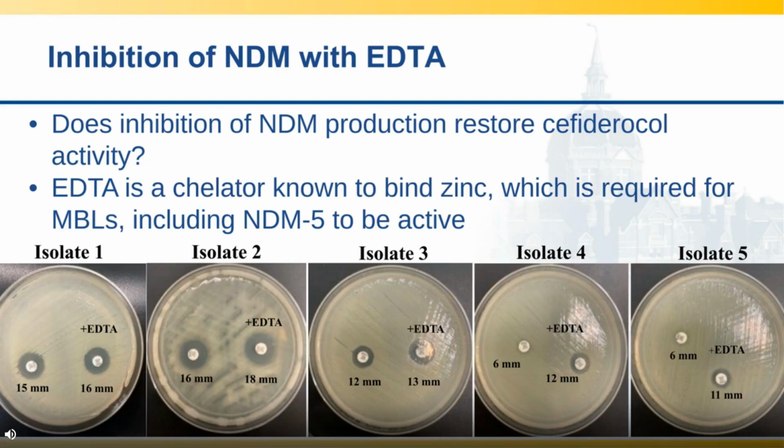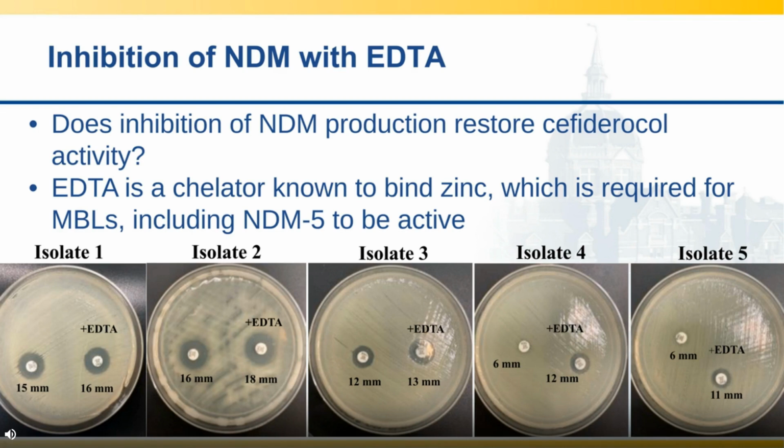Furthermore, we demonstrated phenotypically that we can inhibit the increased resistance by inhibiting the NDM gene. And we did this by using a divalent chelator, EDTA. Metallo-beta-lactamases like NDM require zinc at their active site for activity.